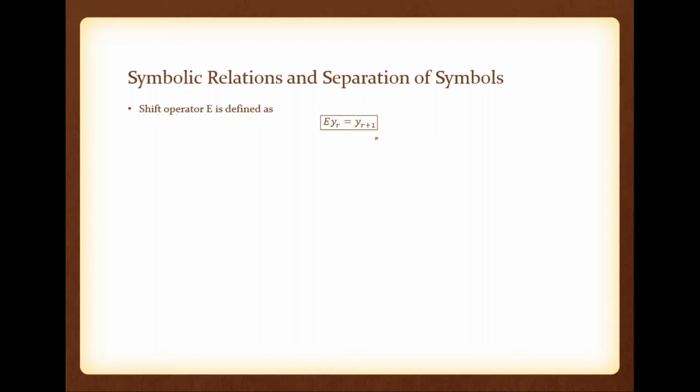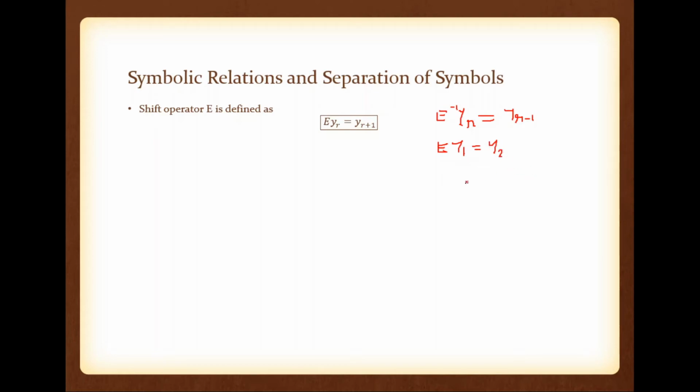So what about previous? E raised to minus 1. If it is E raised to minus 1, E inverse yr means the previous data of yr, that is y r minus 1. For example, E y1 is equal to, what is the next data of y1? y2.